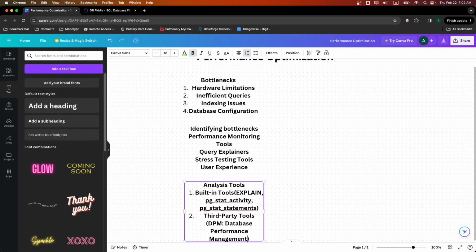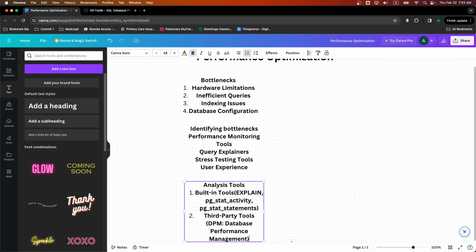Examples of DPM are Datadog APM, and SolarWinds has another one, SolarWinds Database Performance Monitor. So these are known as database performance management tools. Datadog is a very famous one.